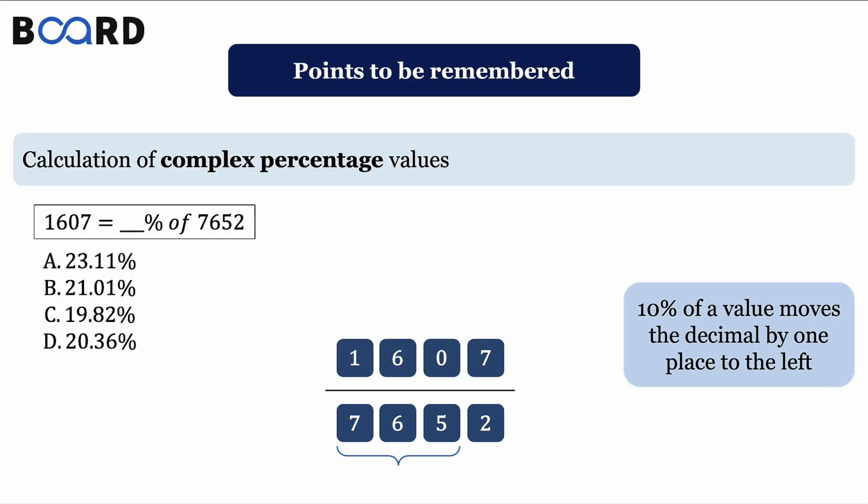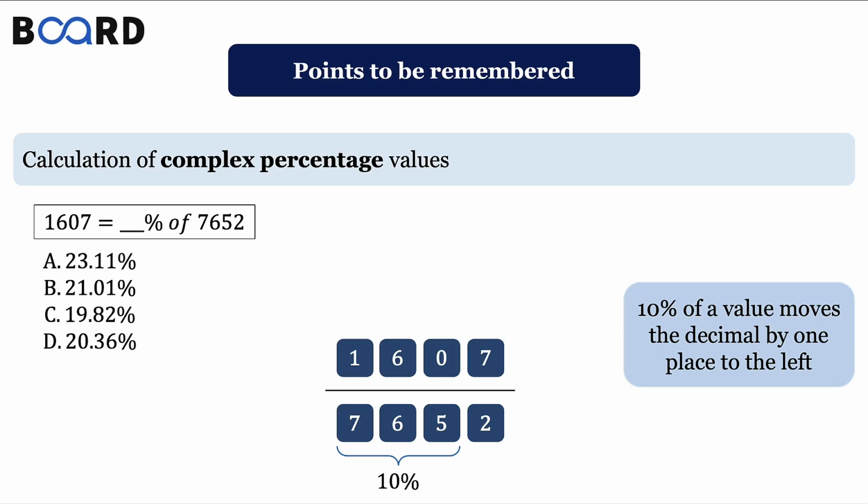So 765, let's consider that to be 10%. If I wanted to calculate 1%, I would have said 76.52. 0.1% is 7.652. As I keep on increasing the decimals in percentages, the actual decimal keeps on moving towards the left-hand side. That is the golden rule, right?